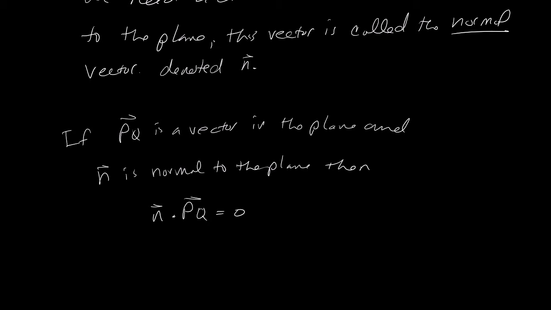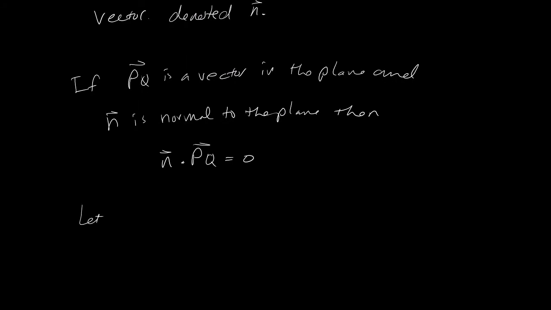So, depending on what points P and Q are and depending on what the vector n is, we can just run the dot product and find whatever this happens to be. Okay, so we're going to let the normal vector be ABC. And we're going to let P be a specific point in the plane, x1, y1, z1.